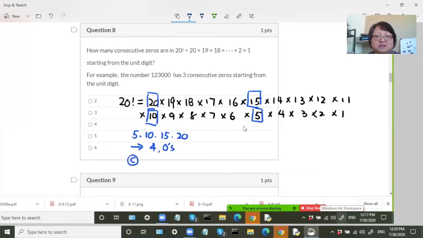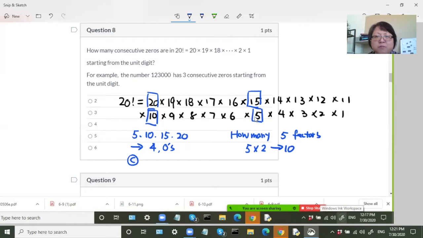So let's think about this. Actually we find out how many factors of 5 we have. These 5 factors, because they do have 5, we just need to multiply by 2, then we will get the 0. And if we have 5 factors like in the 10, we don't even need to multiply by 2.